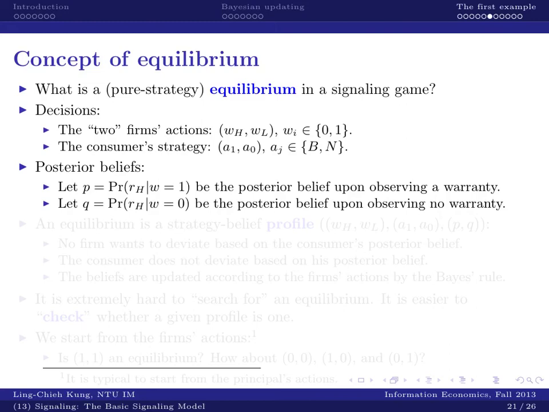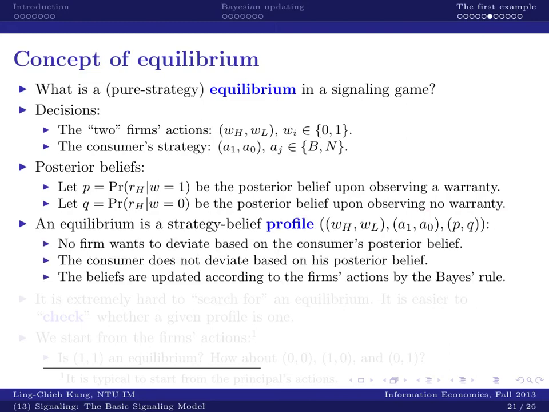And Q is the case when no warranty is observed. So we have decisions, we have beliefs. An equilibrium will be a strategy-belief profile. It's a collection of the manufacturer's decisions, the consumer's decisions, and updated beliefs.